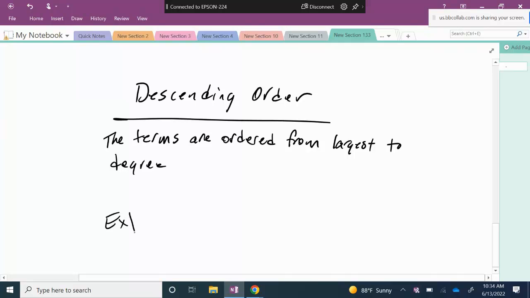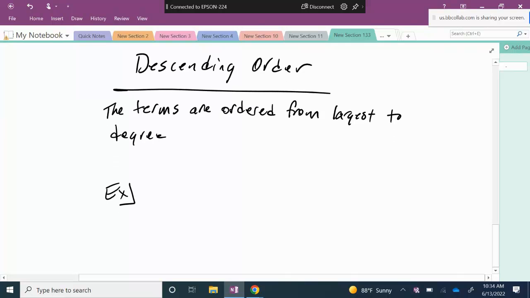So here's an example of a polynomial that is in descending order.